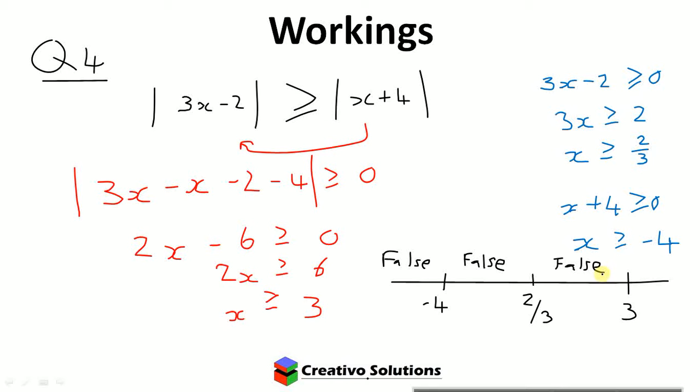False. It's false. Good. Minus 2 is not bigger than 4. And then I took a number between there. I just took 2. It's a round number. It's easy to substitute.